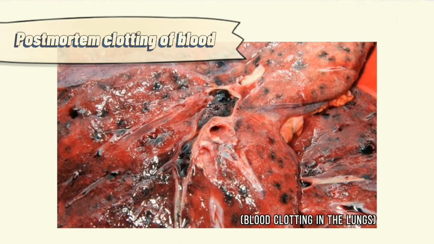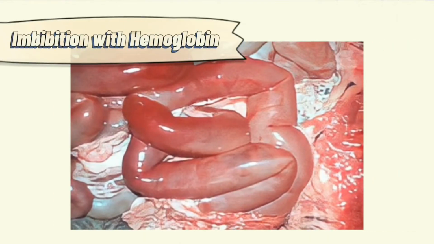Moving on to the next postmortem change, the imbibition with hemoglobin. It is the staining of tissue with hemoglobin. After death, the erythrocytes are hemolyzed by cellular and bacterial enzymes, and hemoglobin is liberated.